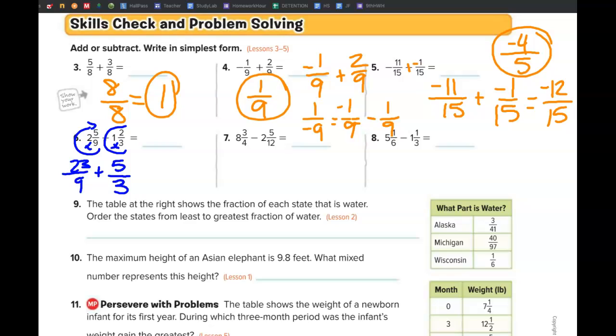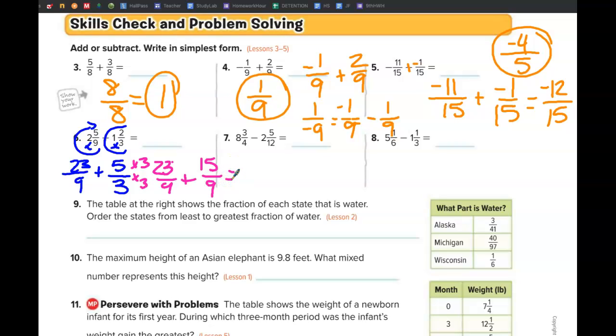No, so what do you want to use for a common denominator, Adriana? Did you say 9? 9. So then what do I have to multiply this by? 3. And then I have to multiply the top by 3, so I would get what? 15. Okay, so I have 23 ninths plus 15 ninths. So what do you get for your numerator? 30.